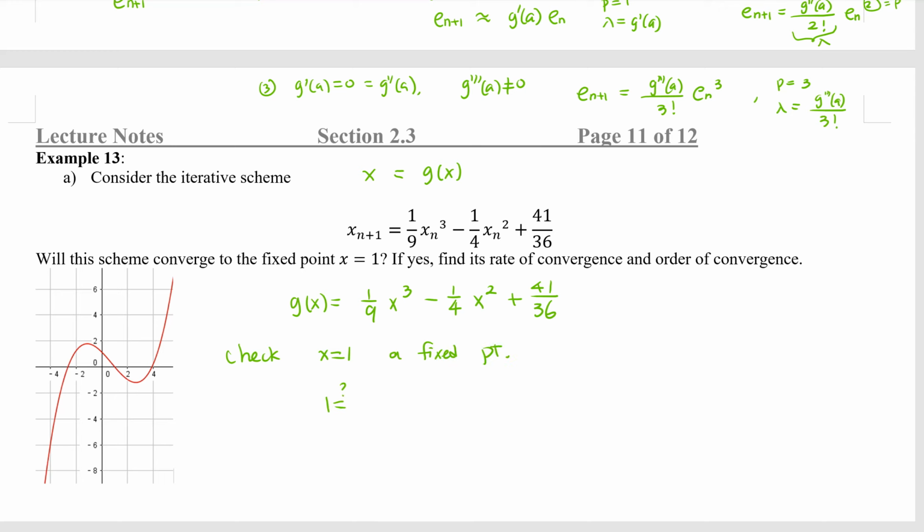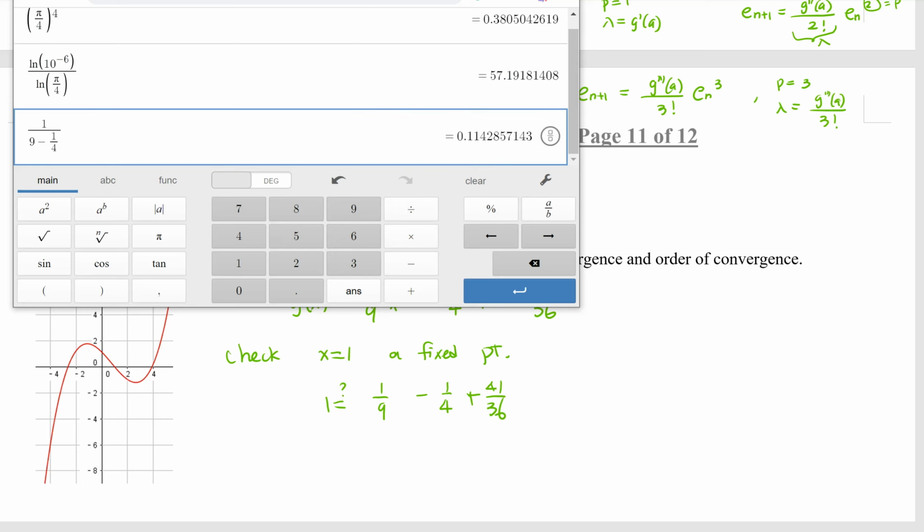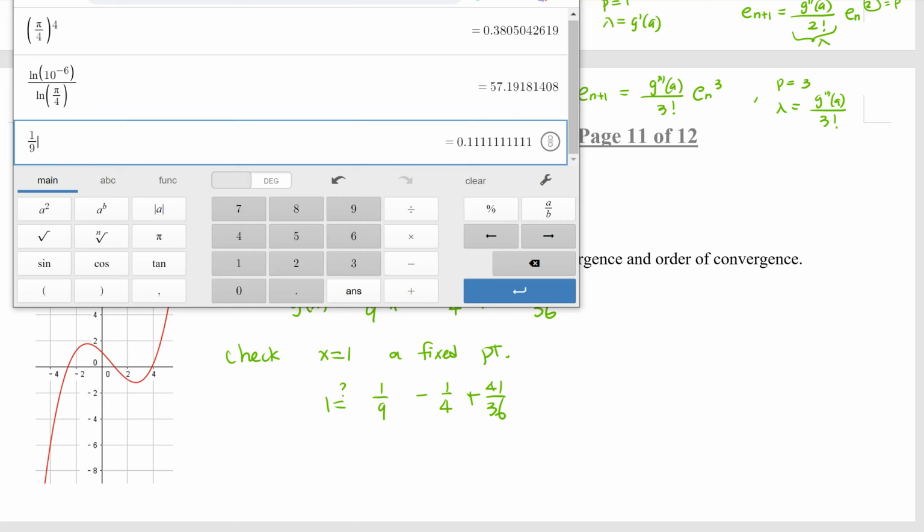Let's plug in. So it's 1 equals 1 over 9 times 1 cubed, minus 1 over 4 times 1 squared, plus 41 over 36. Well, let's calculate the right hand side: 1 over 9 minus 1 over 4 plus 41 over 36.